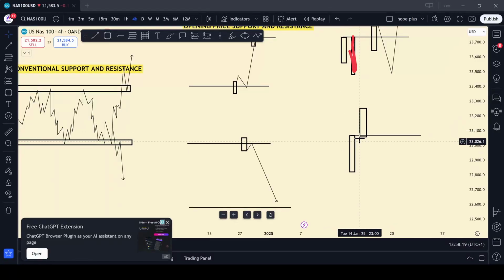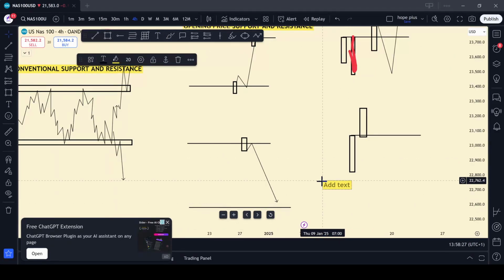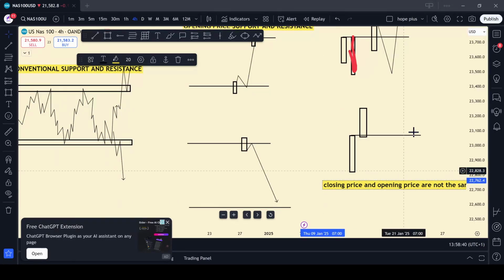Now, in the case where the closing price and the opening price are not the same, what do you do?